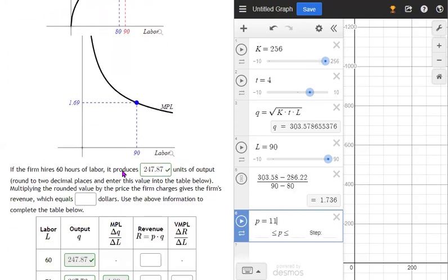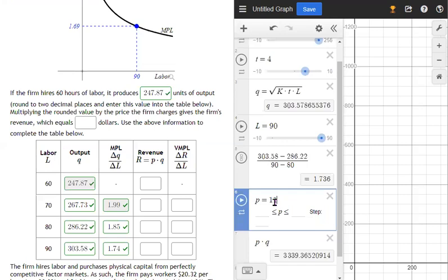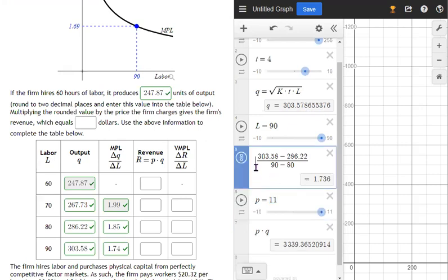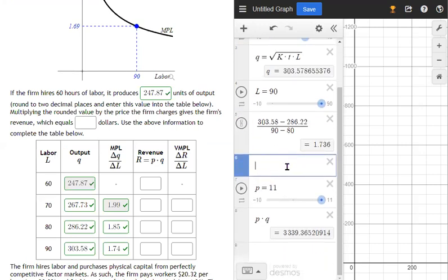Okay. Now, if I were to calculate just P times Q here, I'm multiplying the 11 times a number that is not rounded to 2 decimal places. So instead of doing that, I want to calculate a Q that has been rounded.